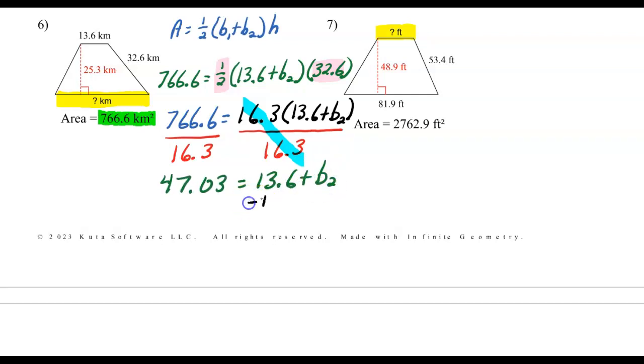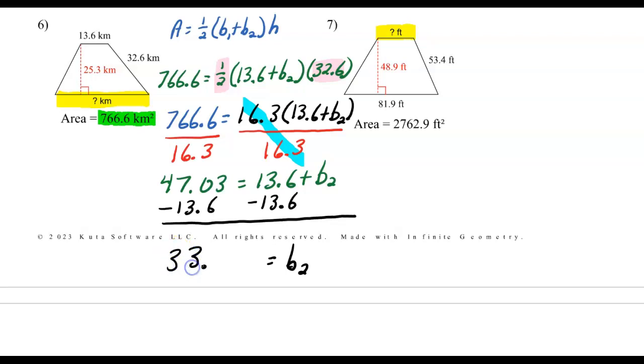Then I'll subtract 13.6 from both sides. Doing that, I'll get the second base is 47.03 minus 13.6, and I'll get 33.43 kilometers. If you want to pause the screen and try problem 7 on your own, please do so, or you can follow along.